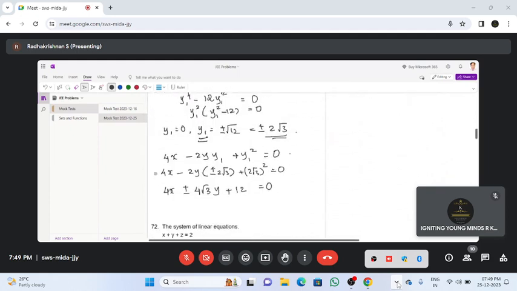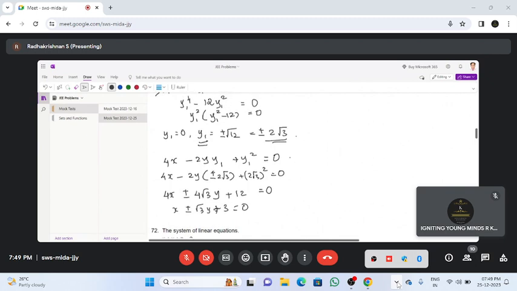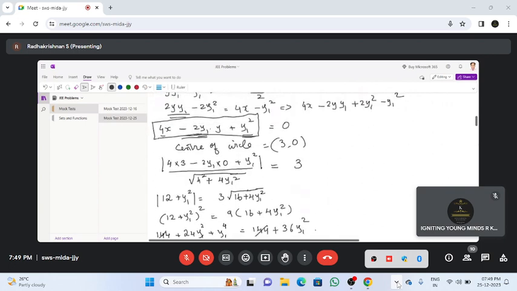Yeah, we can divide this by 4. So then what will happen? x plus or minus root 3 y plus 3 equal to 0.